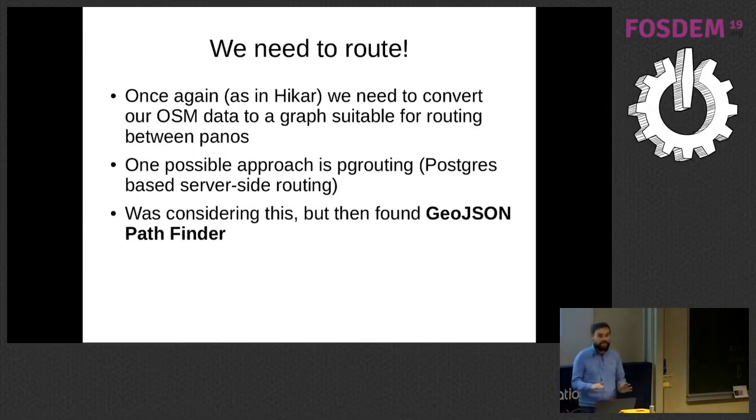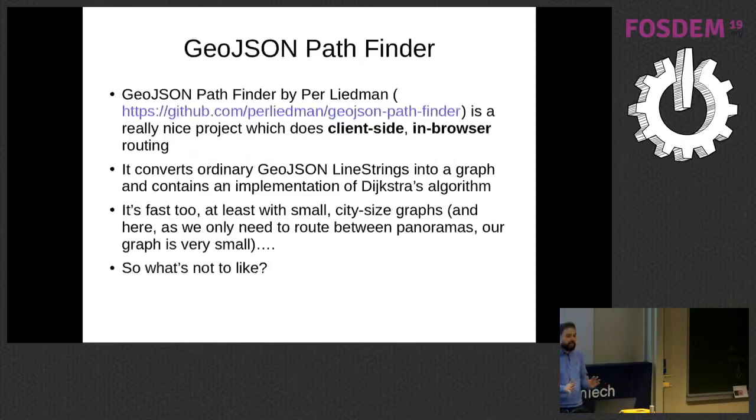I did consider that initially, but then I discovered something really nice, very powerful, and, certainly for my use case, pretty efficient in terms of time: something called GeoJSON Pathfinder. I just want to talk about that. It was written by Per Liedman, and what it does is client-side, in-browser routing using JavaScript. And if that sounds slow, it's not slow, certainly not for small areas.